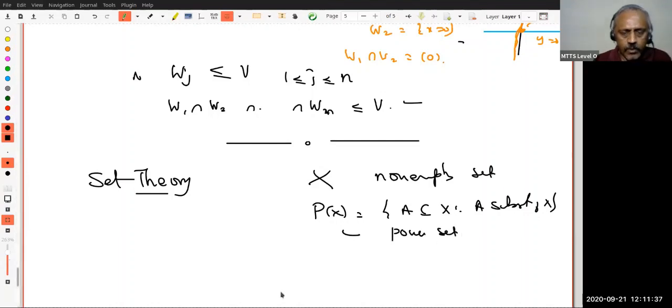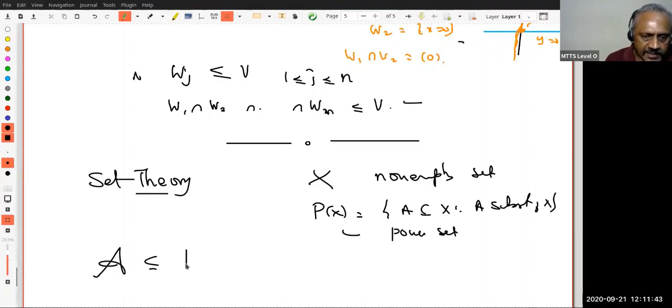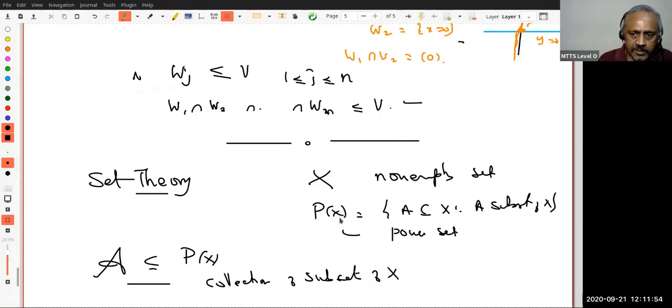Now I look at a script A, a collection inside P of X. That is, this is a collection of subsets. Notice that P of X is the collection of all subsets of X, whereas A may be only a collection of some subsets.